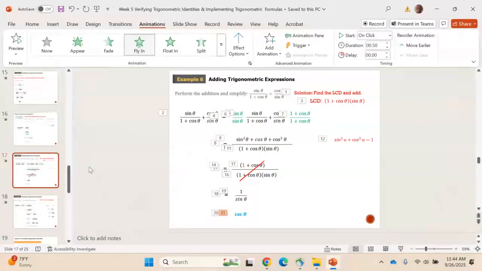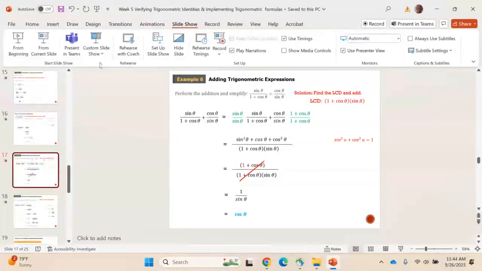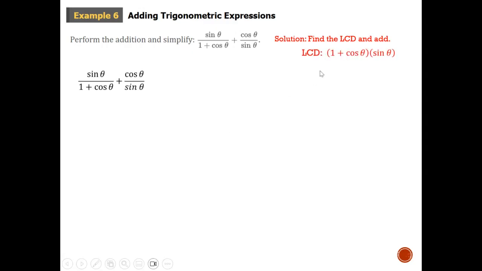Okay, now guys, let's start from scratch again, from the beginning. Let's start from the current slide. Here we go. You have to find the LCD. The LCD is 1 plus cosine theta times sine theta. For the first term, what's missing in the denominator is sine theta, so I'm going to multiply top and bottom by sine theta.